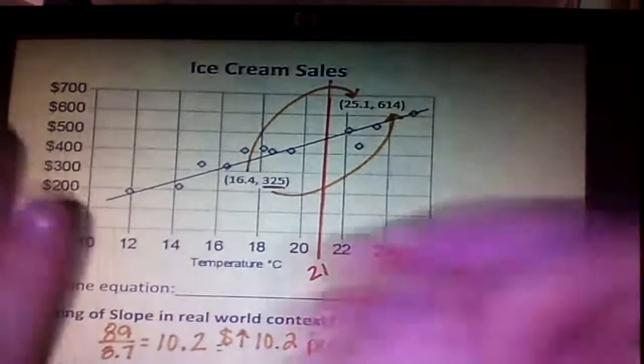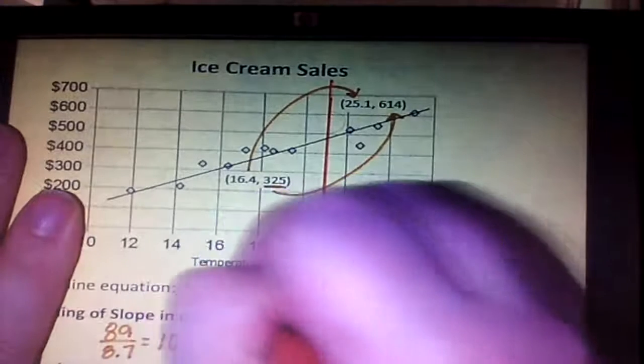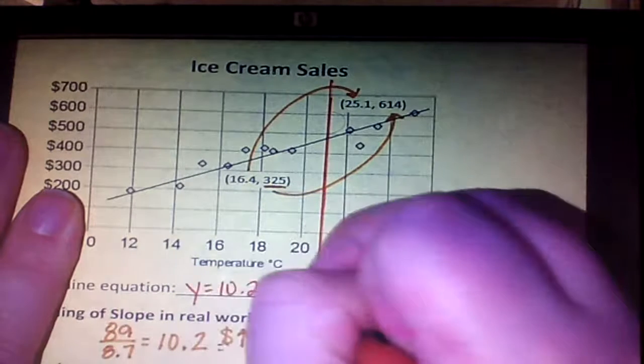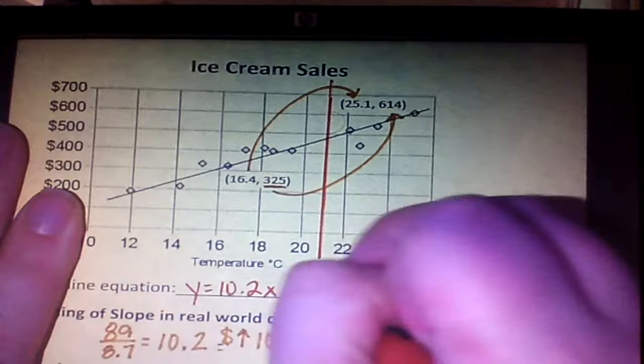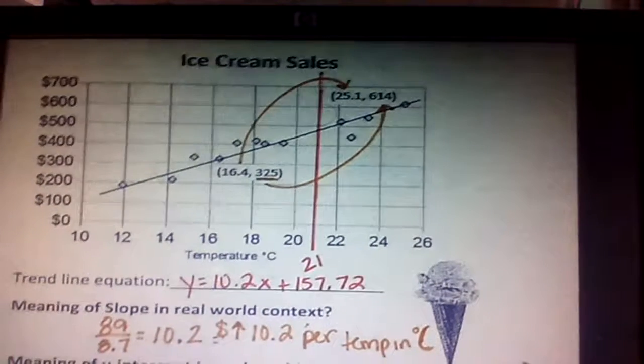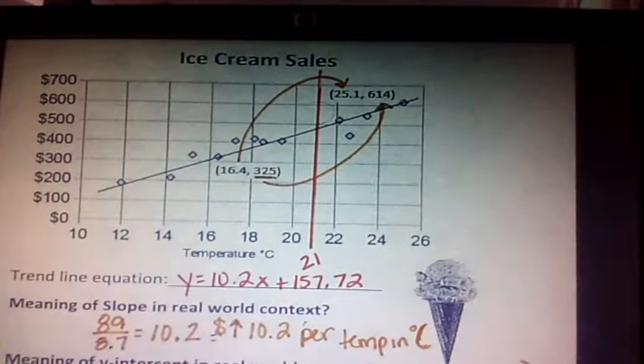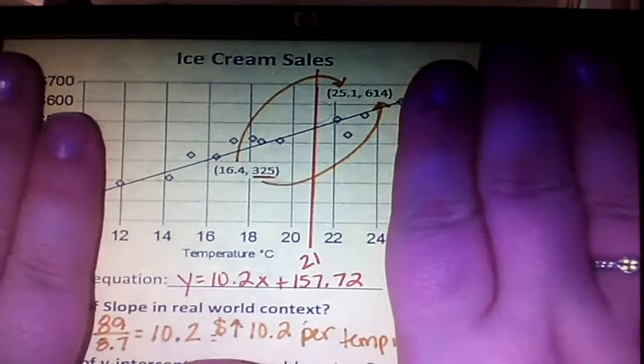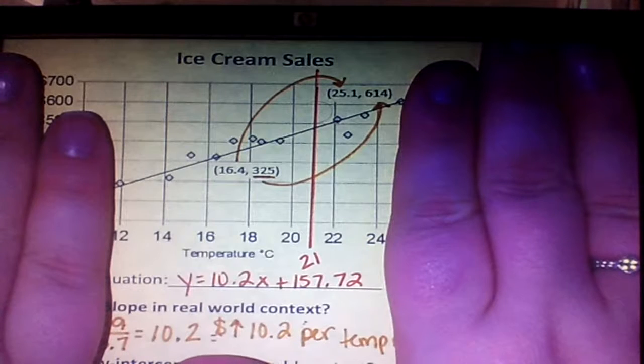My bad. So this is y equals 10.2x plus 157.72. So 21 is right there. Because it falls within my data range, the points that I already know, we're interpolating.